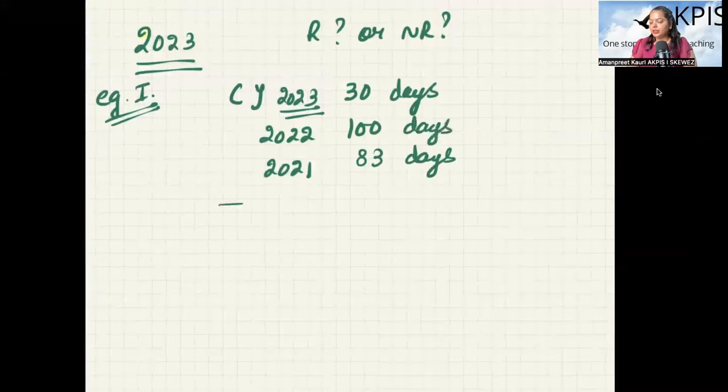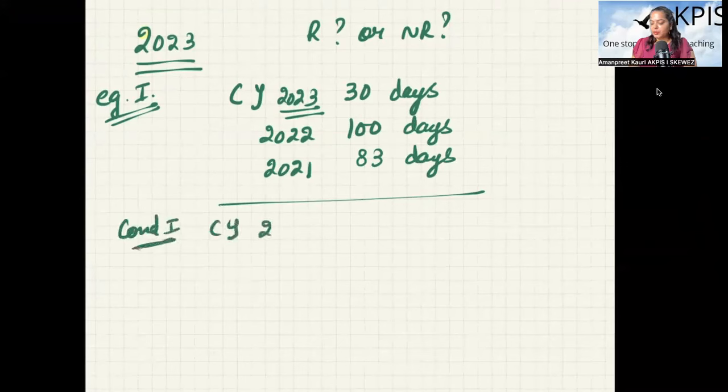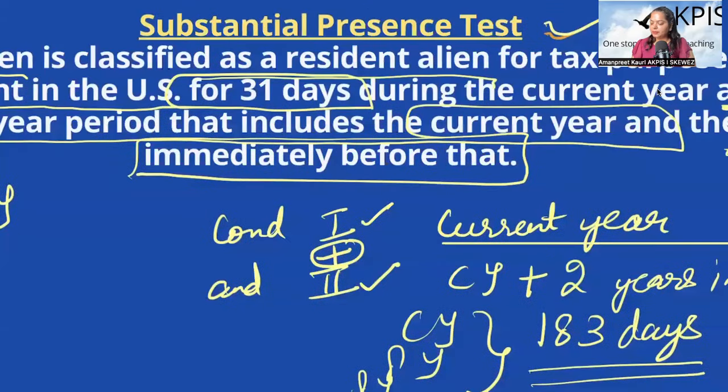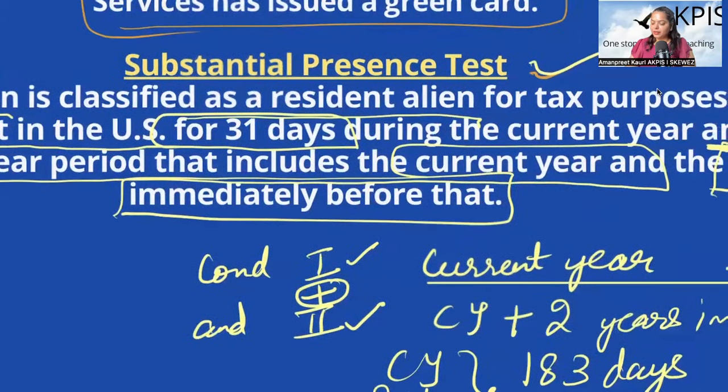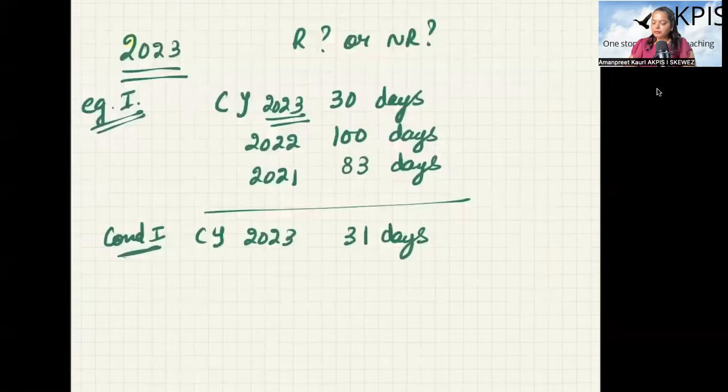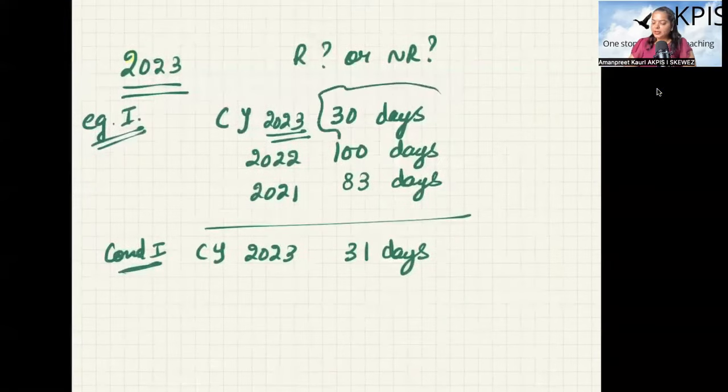So now, is the person a resident or a non-resident? Condition number one was to see whether in the current year, that is 2023 in the given case, the person is there for at least 31 days or not. This is the condition we discussed here. Is this condition satisfied? The answer is no.